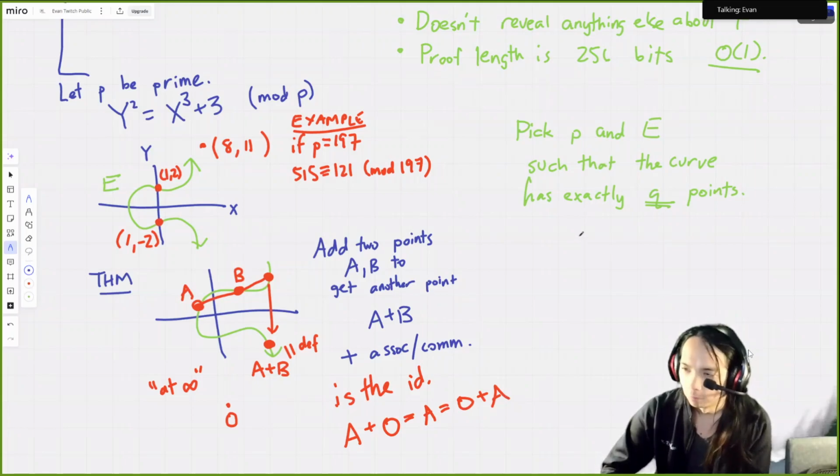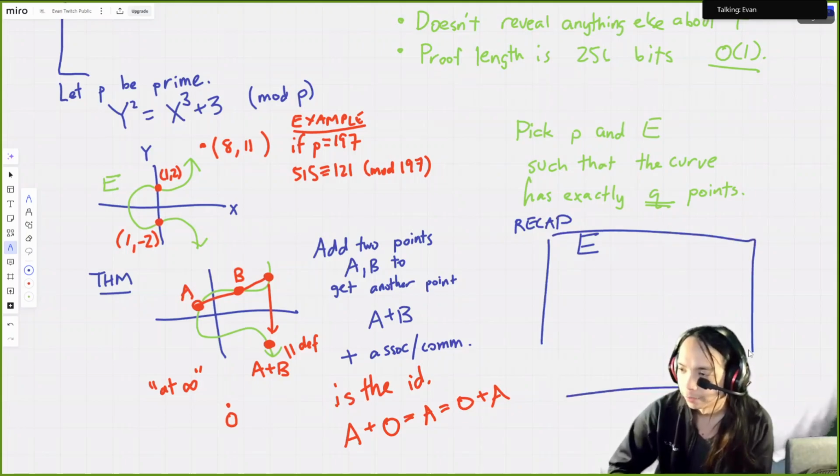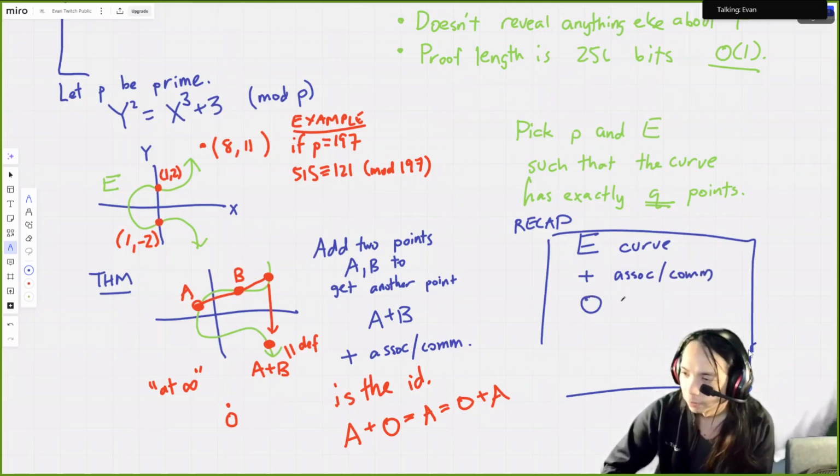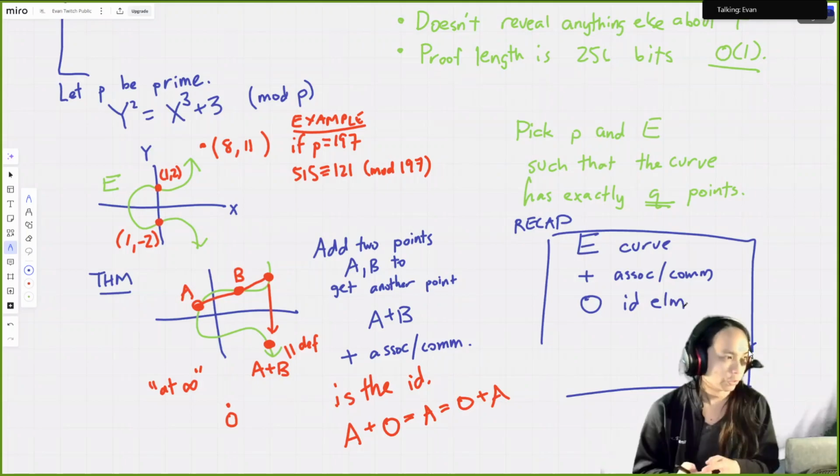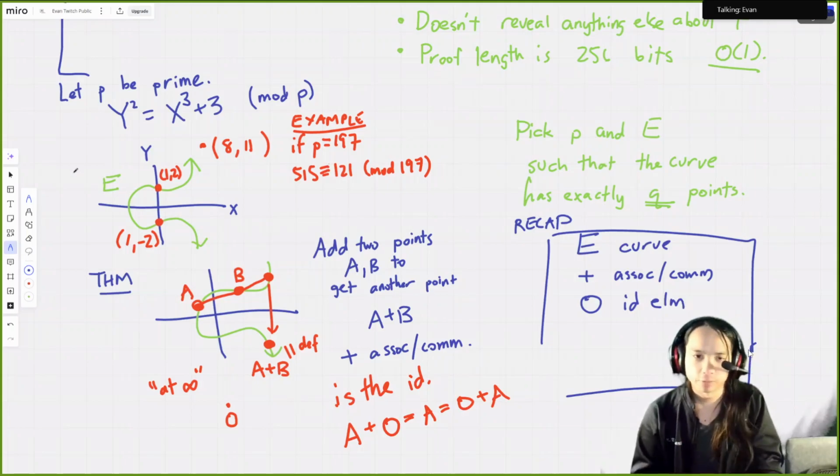So what have I told you up to now? We have a curve E, which consists of some points whose coordinates are mod P. We have an addition on it, which is associative and commutative, and whose identity element is a particular point called O. I haven't told you how to do this addition efficiently.